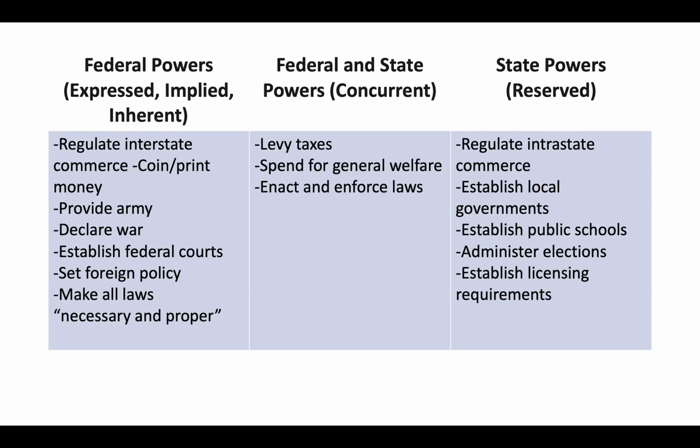And then you have state powers or reserved. You need to put a big star. This is a big deal. When we talk about reserved powers, we're talking about powers specifically given in the Constitution.